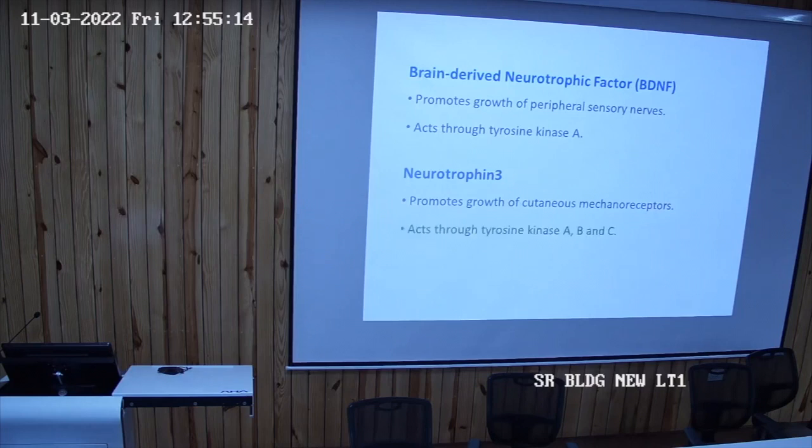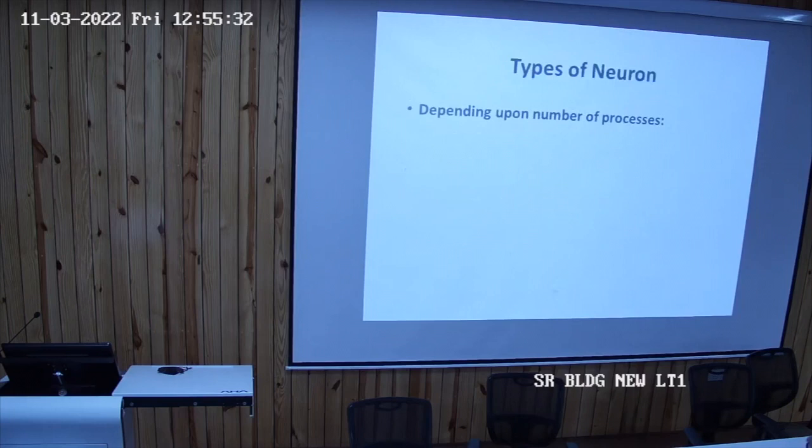Okay, इसके growth में help करते हैं. This acts through all the tyrosine kinase A, B, C, किसी भी receptor से ये काम करते हैं. Then 4 and 5, it acts through tyrosine kinase B receptors. Okay. So these are the types of neurotrophins and nerve growth factors we look at. In the next class, we will discuss classification and types of neurons and the properties of neurons.